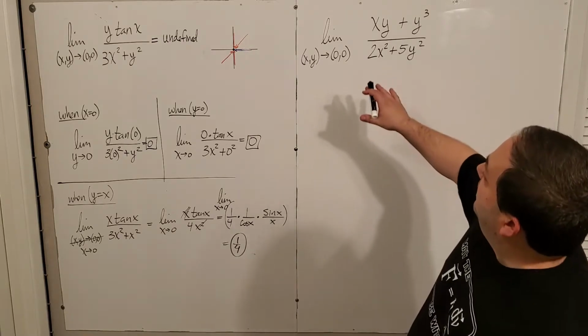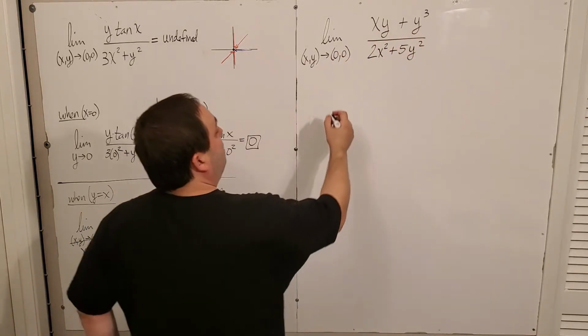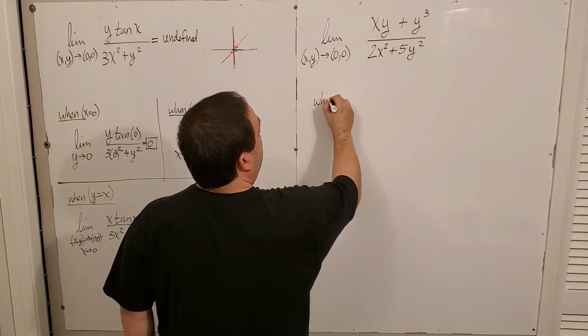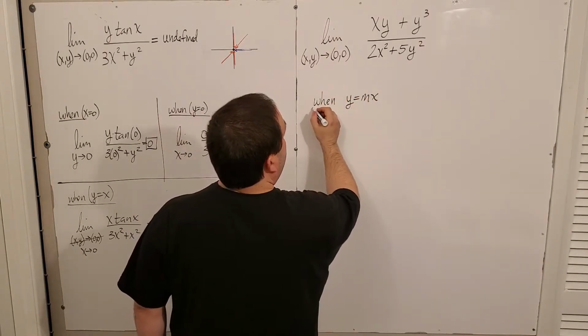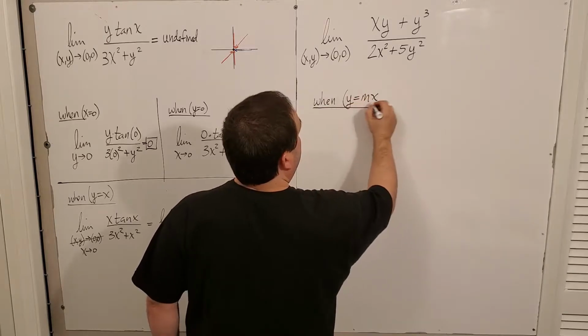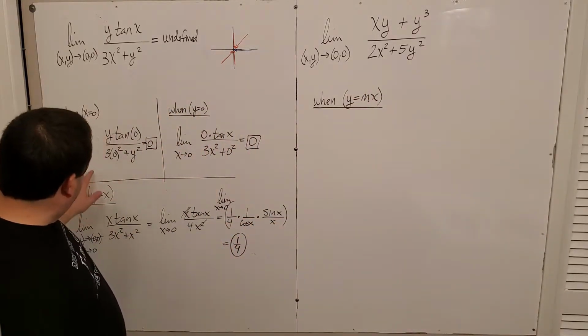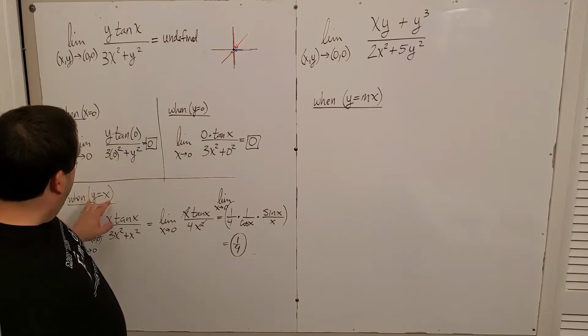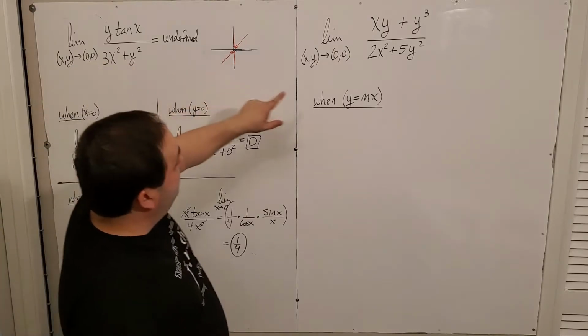Okay? So right here, with this limit, what I'm going to do is I'm going to approach when y equals mx. Now you got to be a little careful here, okay? Because I picked specific numbers with these two especially, and then this was a special case, all right, that went through this point.